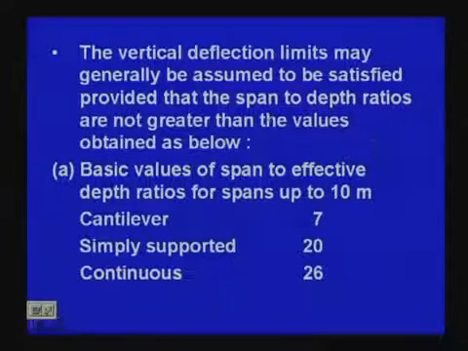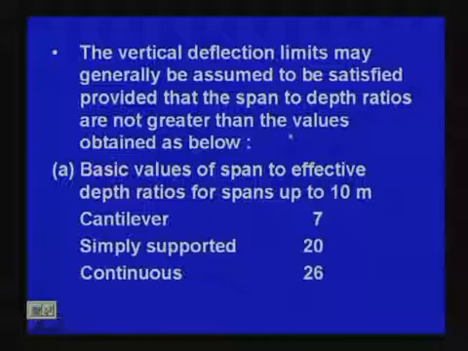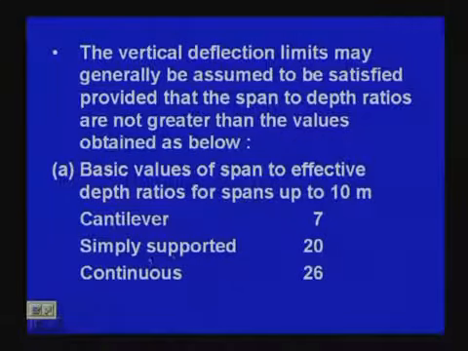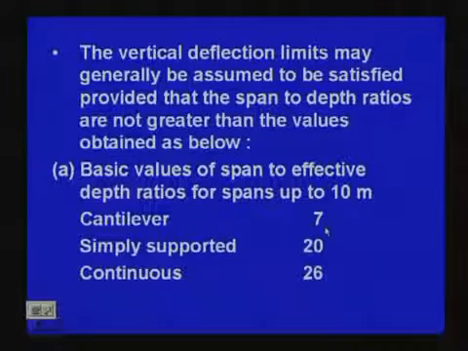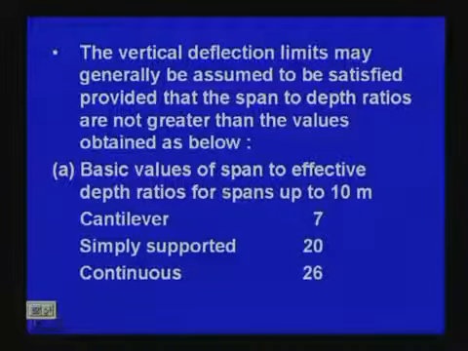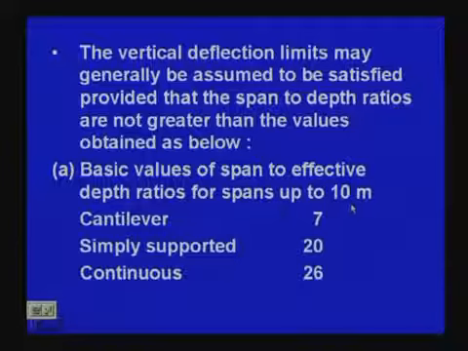If we take a certain ratio, which we can find out, the code says, for a cantilever, L by D is 7. These are the basic values of span to effective depth ratios for spans up to 10 meter.